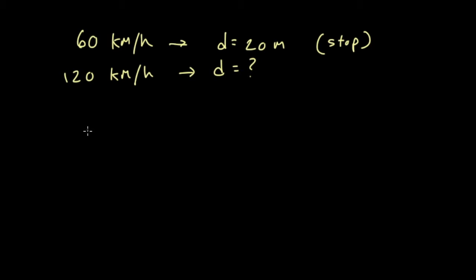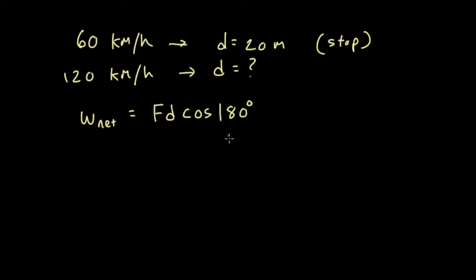Okay, so we know that the net work done on the car is Fd cosine of 180 degrees here.